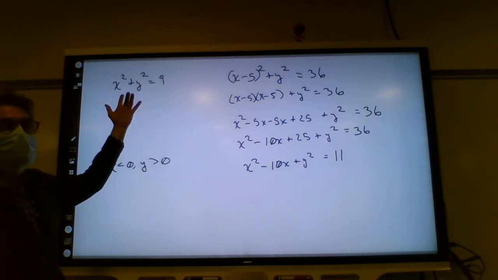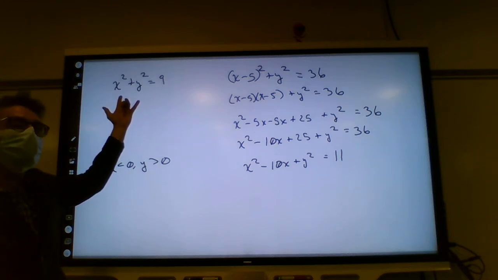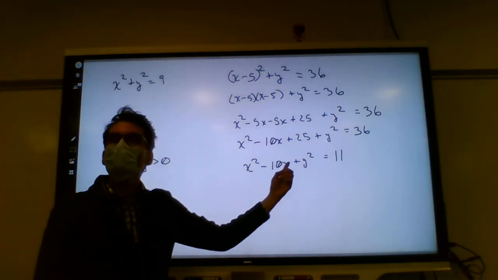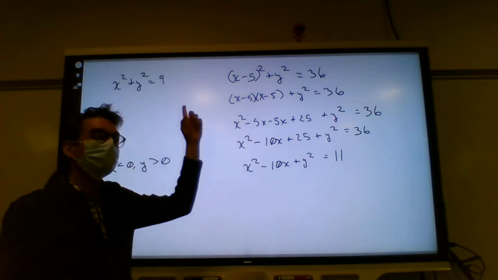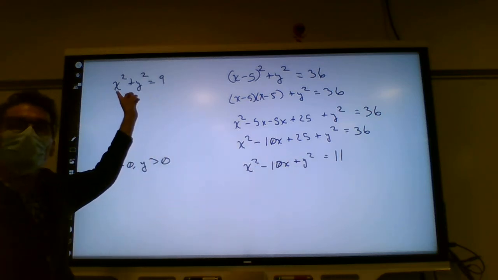for... what do we know? We know that x squared plus y squared is 9. And there's an x squared plus y squared right there. So instead of separating this, let's bring in the other part of information that we know.